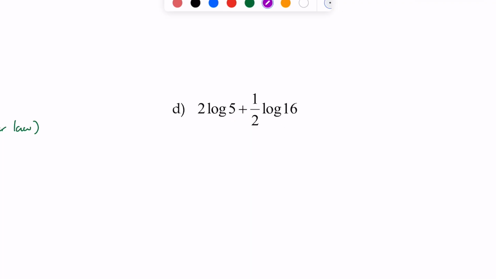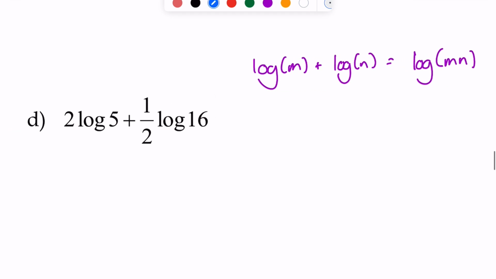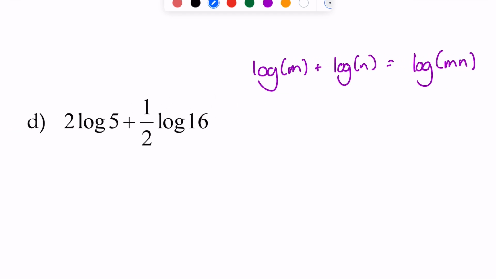But careful. The product rule is log m plus log n equaling log mn. Notice that this product rule does not have any coefficient in front, it's not like I have a and b here.